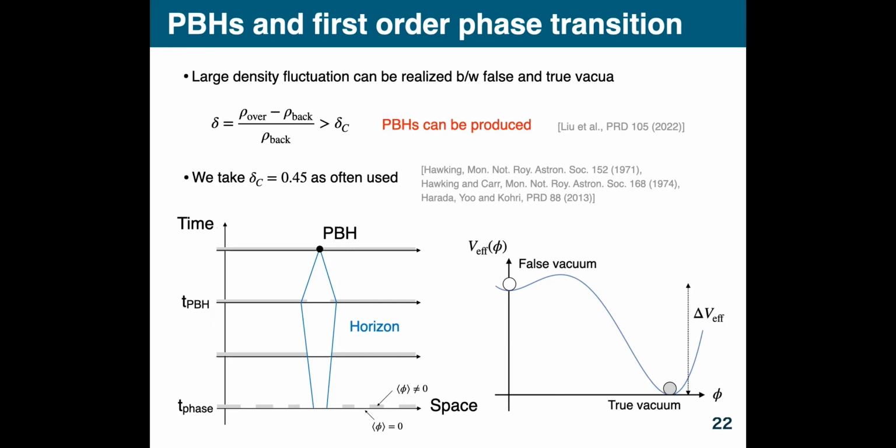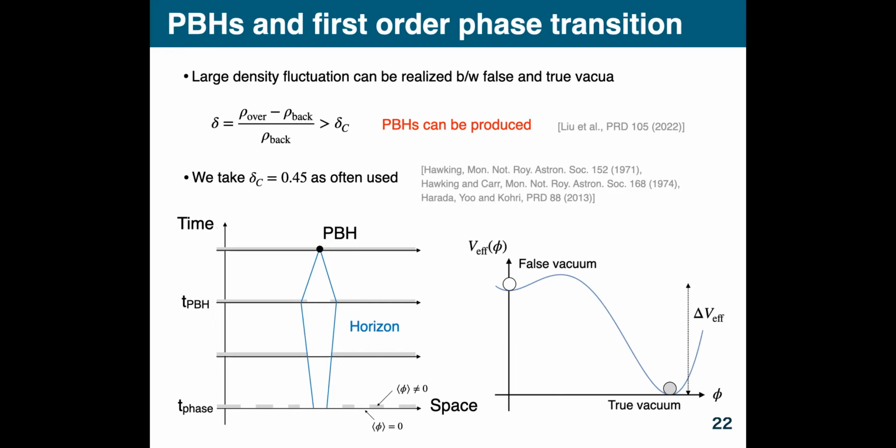There is a possibility which can realize such a situation. And as the temperature of our universe gets low, a large energy density fluctuation can be realized between this symmetry unbroken region and symmetry broken region.